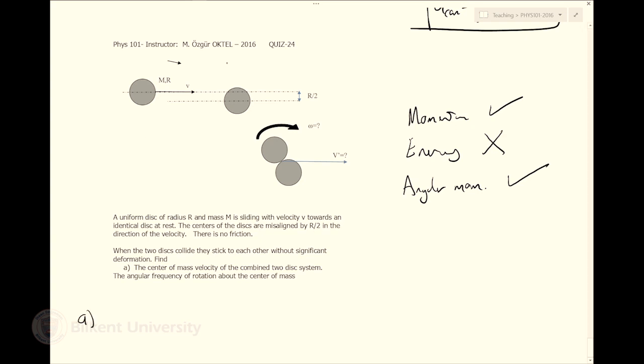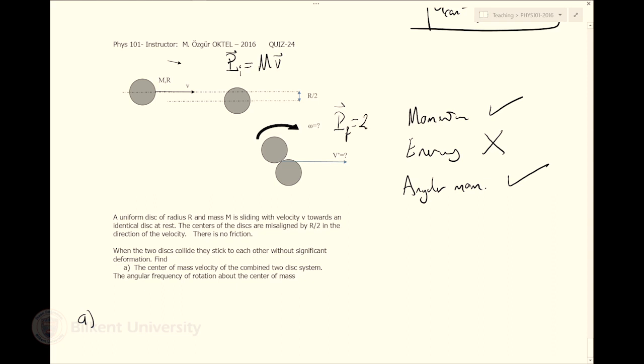What's the initial momentum? M times V, right? What's the final momentum? What was the momentum of a combined system of particles? It was the velocity of the center of mass times the total mass of the system.